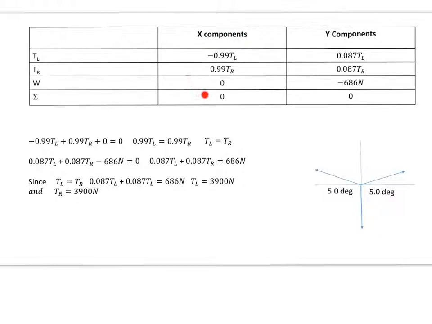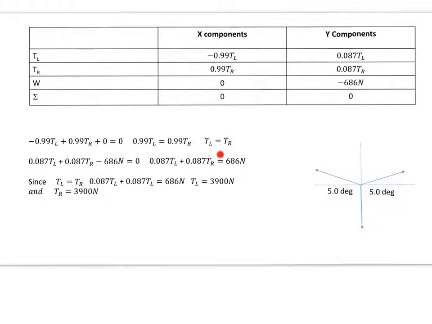Okay, so we sum these and set them to 0. So we have 0.99 TL plus 0.99 TR plus 0 equals 0. And then that means that 0.99 TL equals 0.99 TR, or TL equals TR.